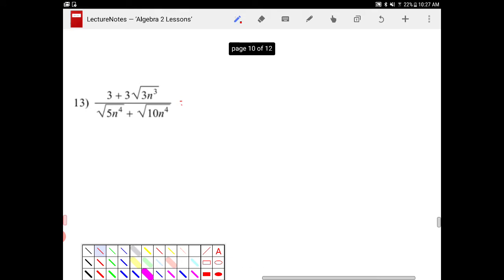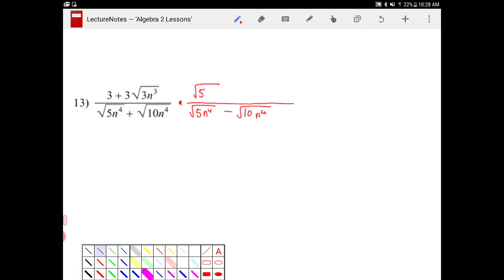Ooh, we have 2 radicals here. So I promise you it's all the same. It's no different. This is radical, so we're going to multiply by the conjugate, right? So it's radical 5n to the 4th minus radical 10n to the 4th, on both the numerator and denominator.